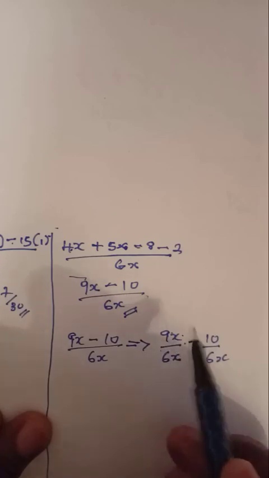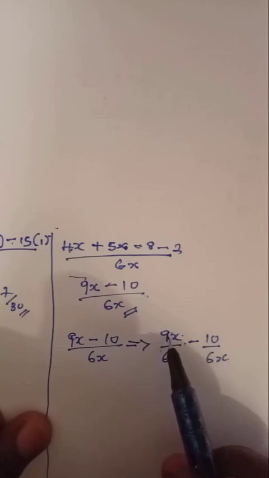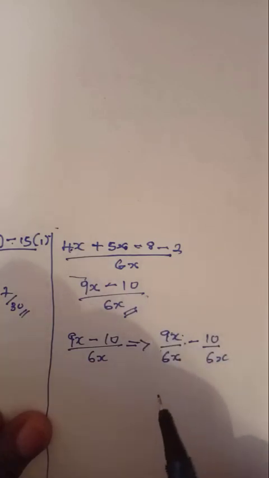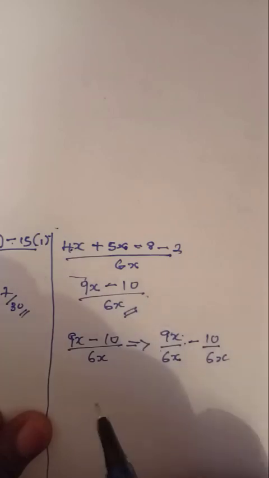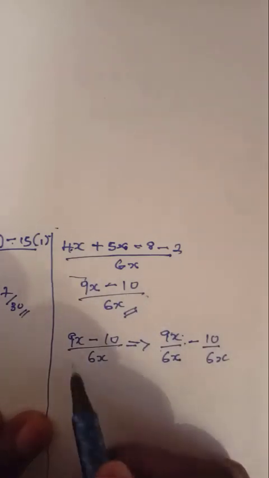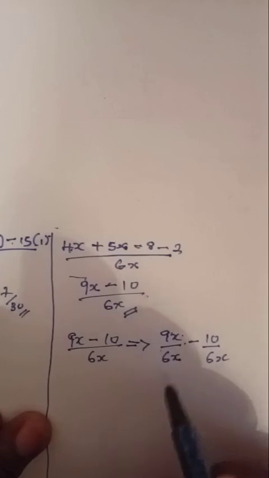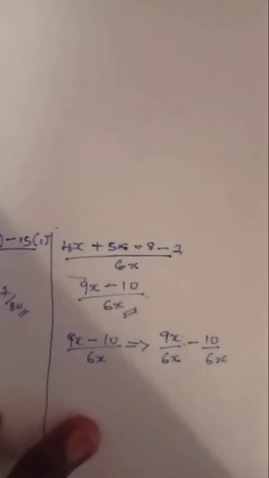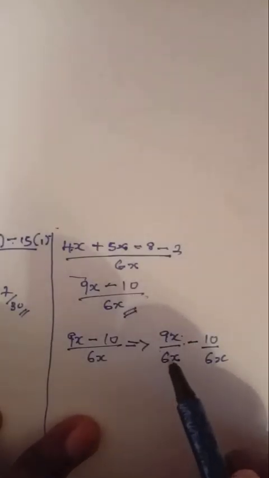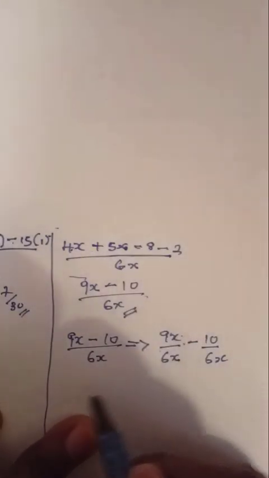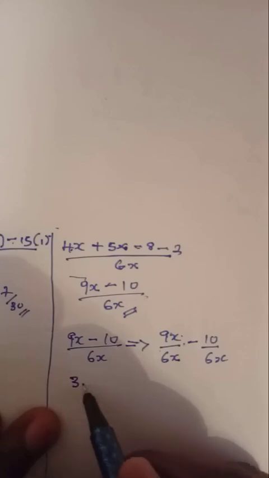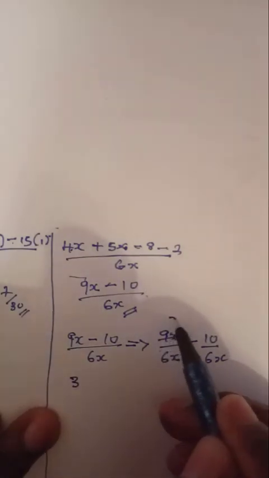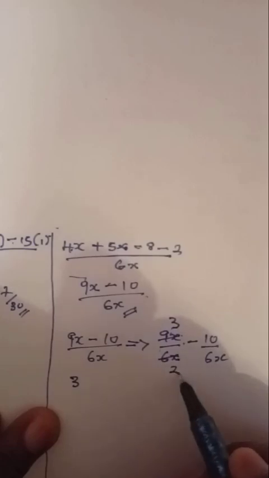So we look at this term, 9x and 6x. They have a common factor, something that can divide both of them without a remainder, and they both have variables. So 3 can divide both of them. If 3 divides both, 9 divided by 3 is going to give us 3, and 6 divided by 3 is going to give us 2.